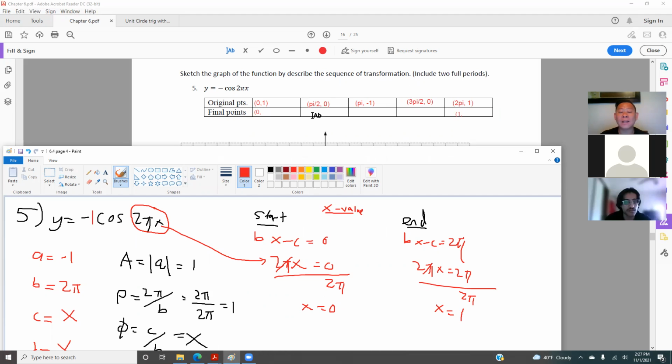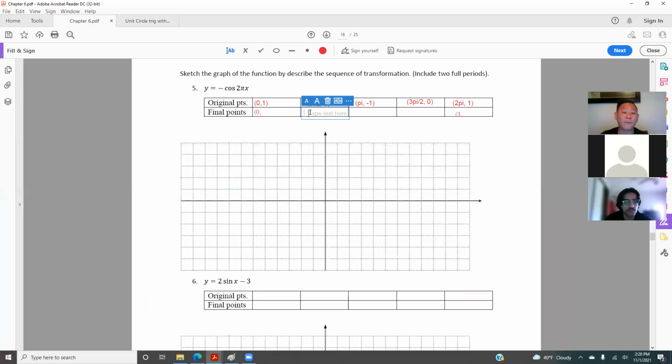And how do we figure out the additional x values that you have? You take the period divided by 4. Since the period that you found earlier is 1, in this case it will be 1 over 4. So you keep on adding 1 over 4. 0 plus 1 over 4, you get 1/4.